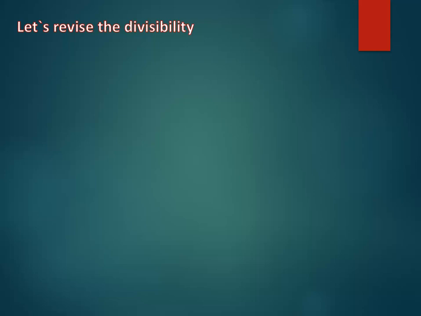Yes, equals 2. So we don't have remainder. But if we say 6 divided by 4, it equals 1 and remainder 2. So here we have remainder. So we say that 6 is divisible by 3, but 6 is not divisible by 4.